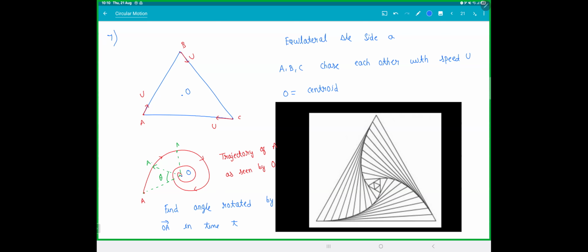Is this making sense, what I'm asking? So if you look at this picture here, this is the centroid. Initially, let's say A was here, then A came here. You can clearly see how the angle is changing. So this thing is continuously rotating. So there is an angular velocity. Find the angle rotated by OA at time t.